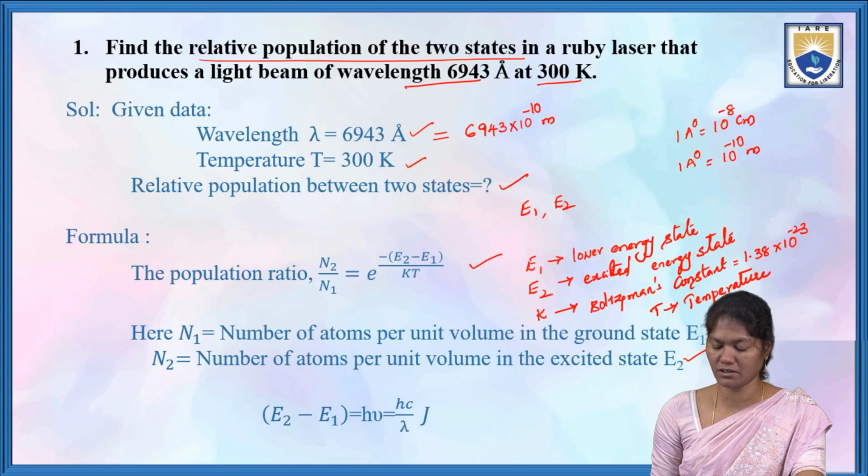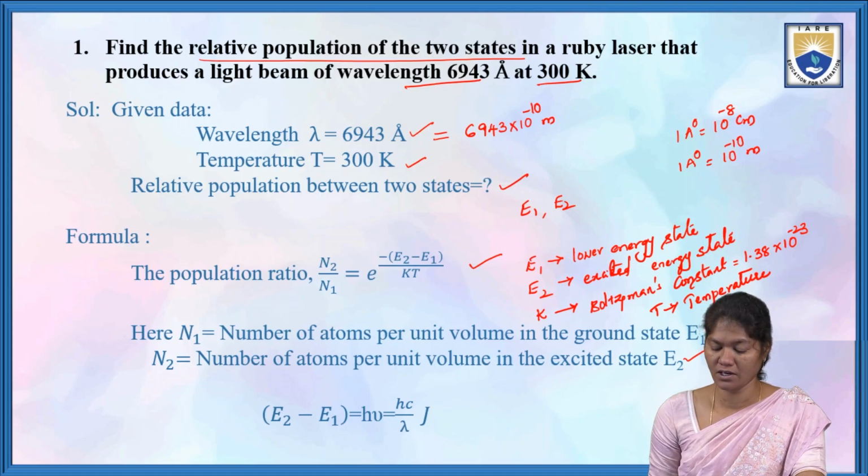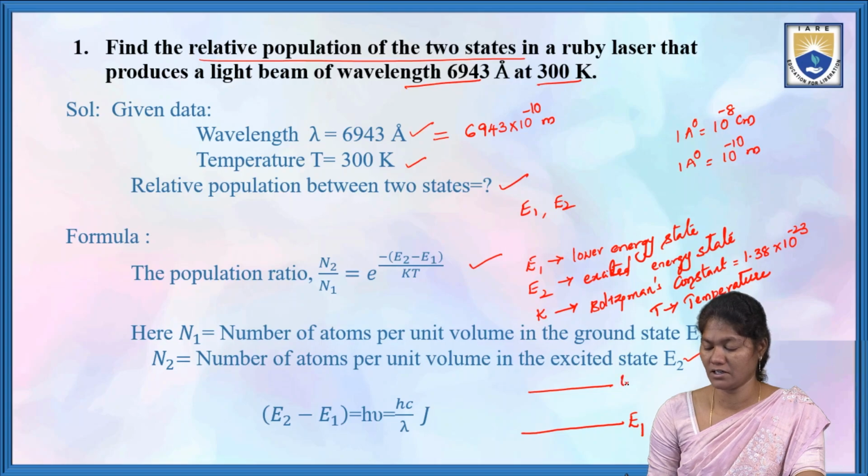Here we know that E2 minus E1, the energy difference, is equal to the energy of the photon. The emitted photon is h nu, which is equal to the energy difference between the two energy levels. Suppose this is the energy state E1, and E2 is the excited energy state.